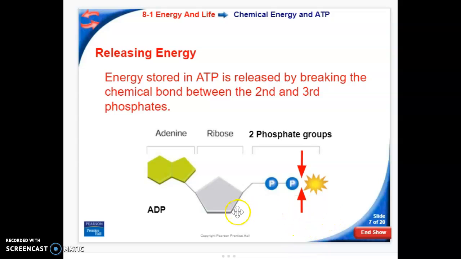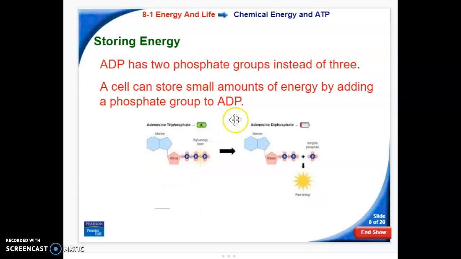That's how your cells get that energy, through the breaking of chemical bonds. After that chemical bond is broken, you have what is called ADP. ADP stands for adenosine diphosphate, because instead of the triphosphate, after it breaks that bond and releases that phosphate, it now goes to adenosine diphosphate with 2 phosphate groups.